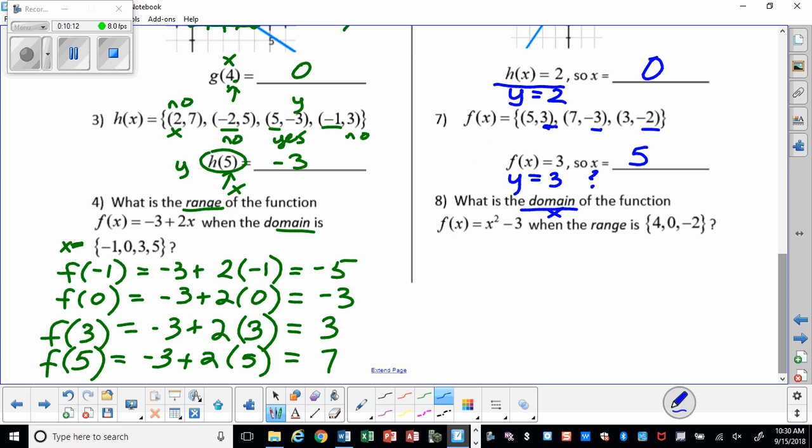And then number 8, it says, what is the domain of the function? So we're looking for x, we're solving for x. And we're given that the range is this. All right, so these are all my different y values. So remember, this is y equals x squared minus 3. So I'm going to substitute in for y.